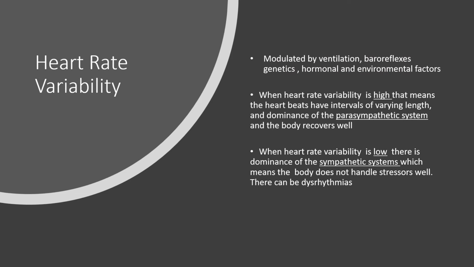Now, heart rate variability is modulated by ventilation, baroreflexes or pressure reflexes, genetics, hormonal, and environmental factors. When the heart rate variability is high, that means the heartbeats have intervals of varying lengths and there's a dominance of the parasympathetic system. That means the body recovers well. When the heart rate variability is low, there is a dominance of the sympathetic, which means that the body does not handle stressors very well, and there's a certain amount of stiffness with it.